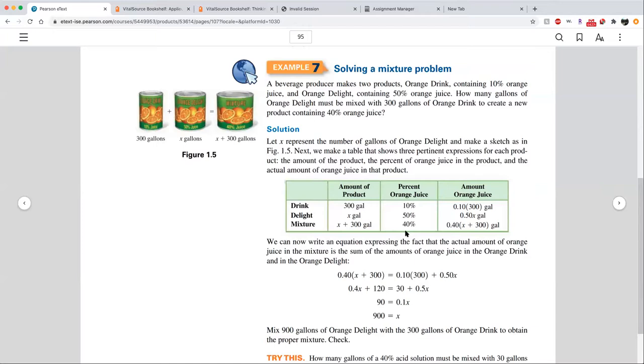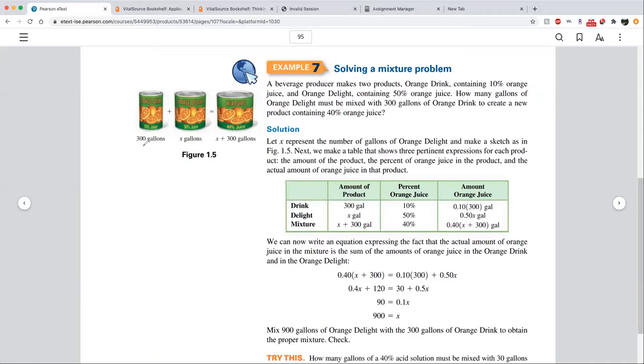Okay, let's see the solution. So let x represent the number of gallons of orange delight, and make a sketch as in figure 1.5. You see here? Okay. So 300 gallons of orange drink, and this is orange delight, right?